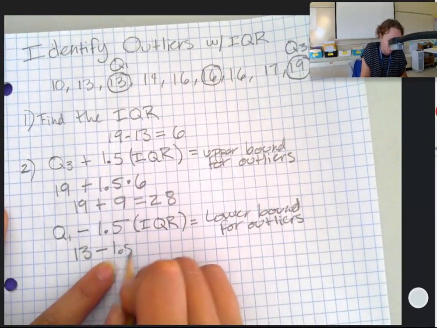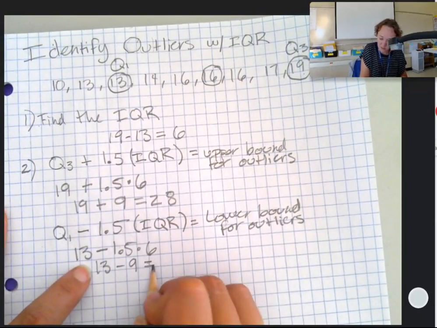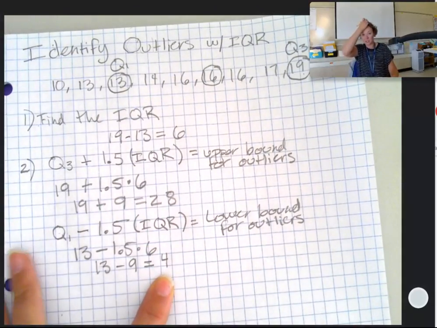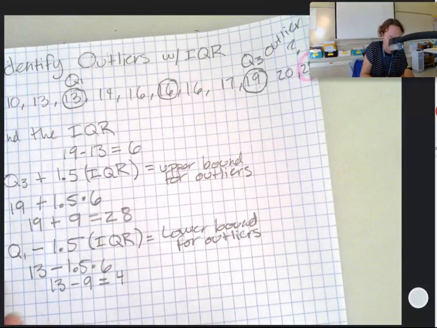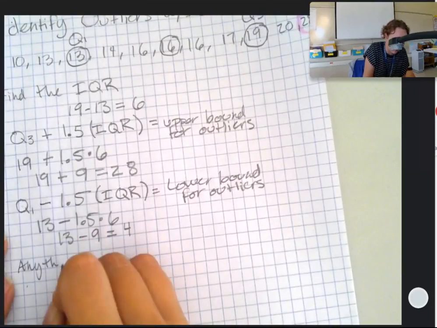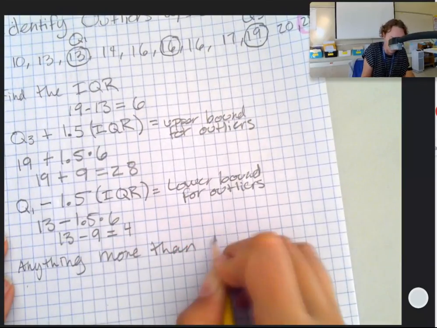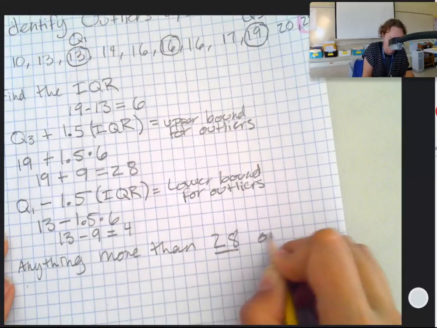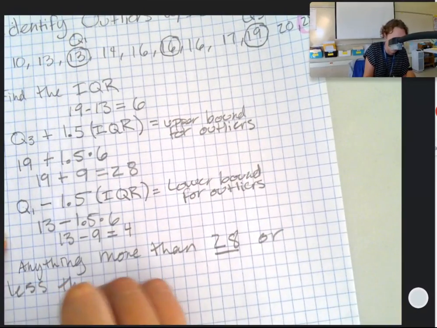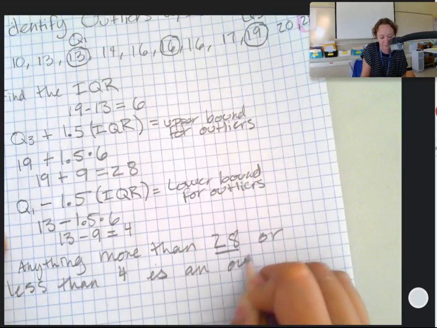But I'll write it out. 1.5 times 6, 13 minus 9, which gives us 4. So what this means is that anything more than 28 or less than 4 is an outlier.